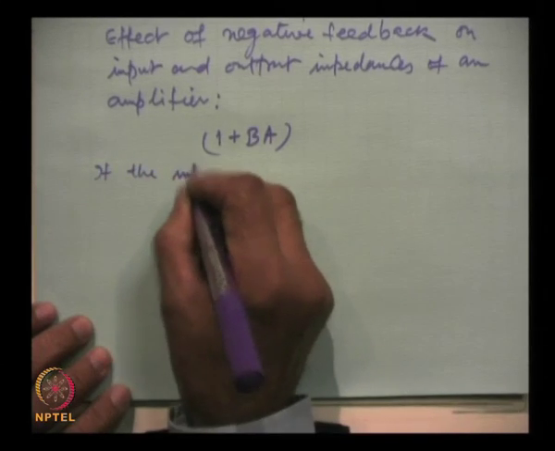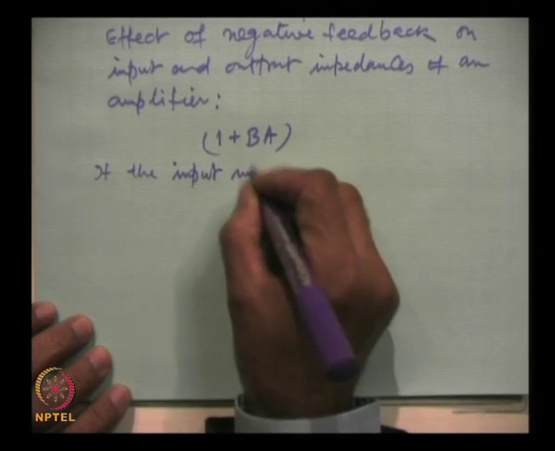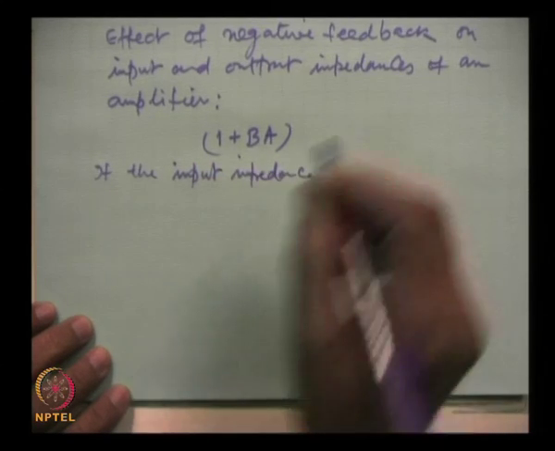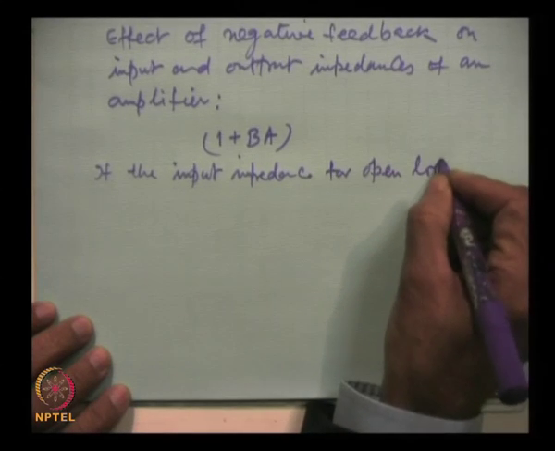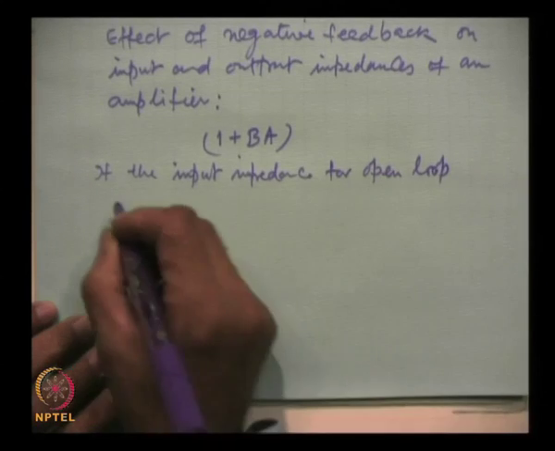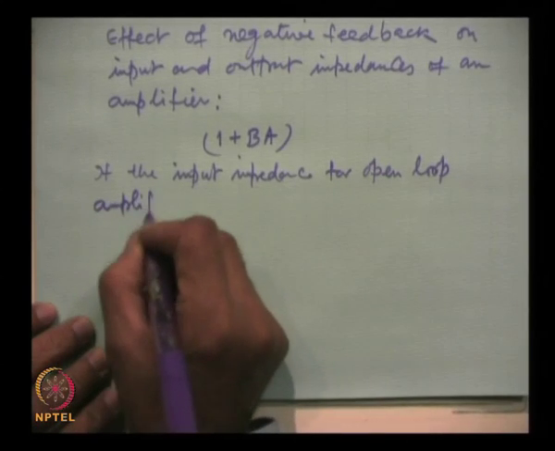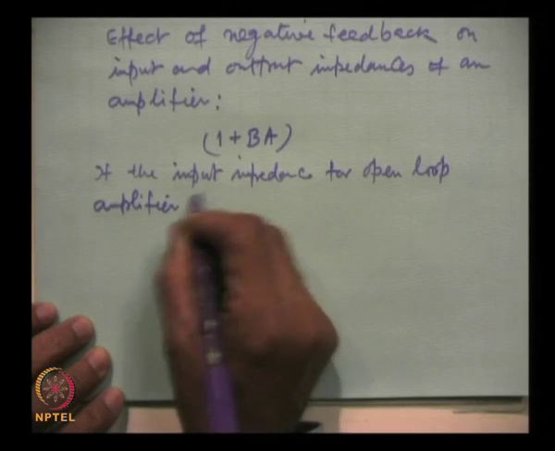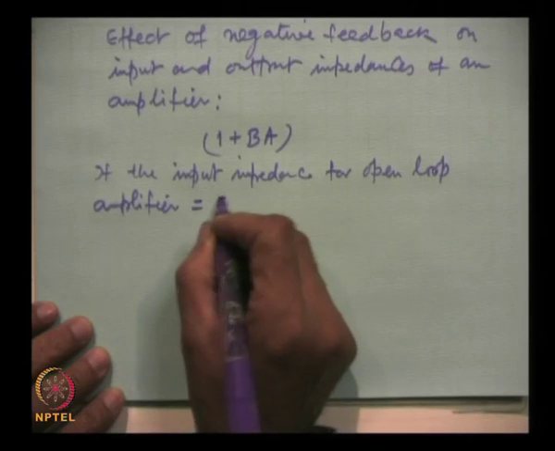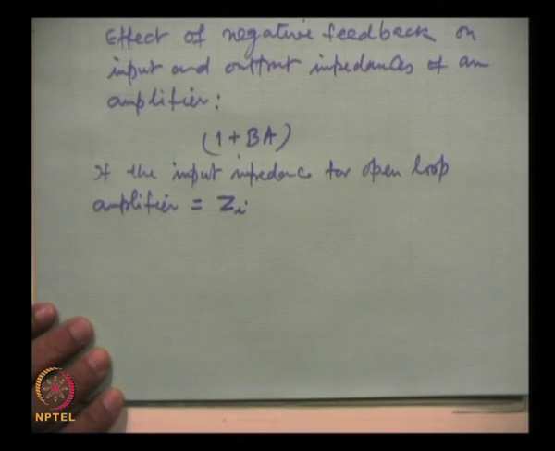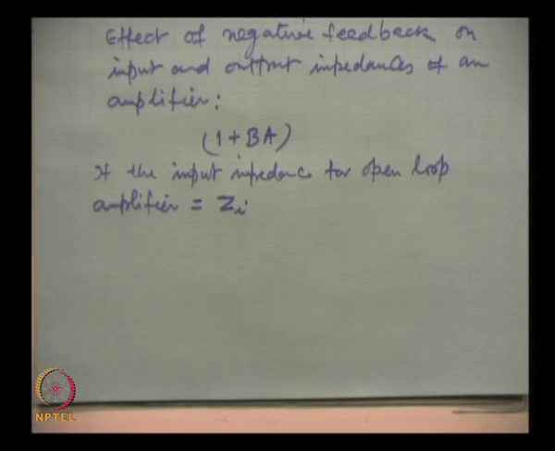The input impedance of the open loop amplifier, suppose this is ZI. ZI is the input impedance when we do not incorporate the negative feedback.